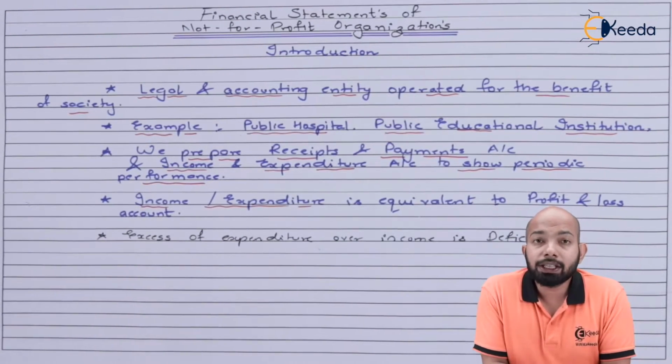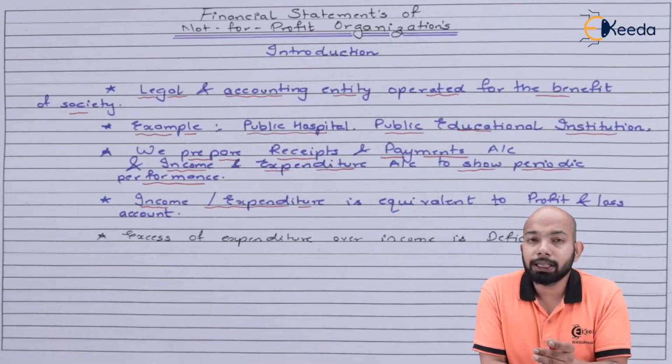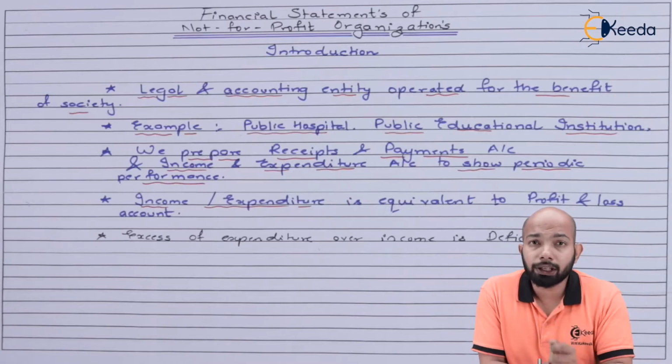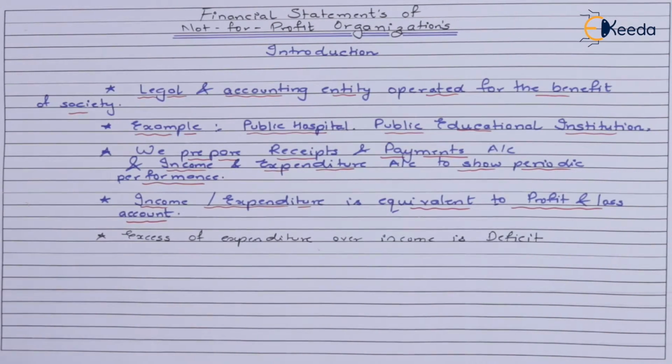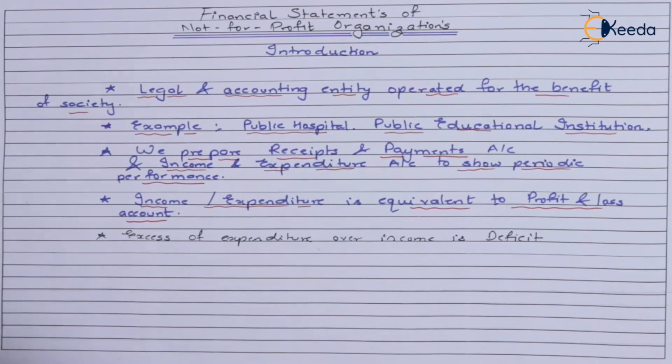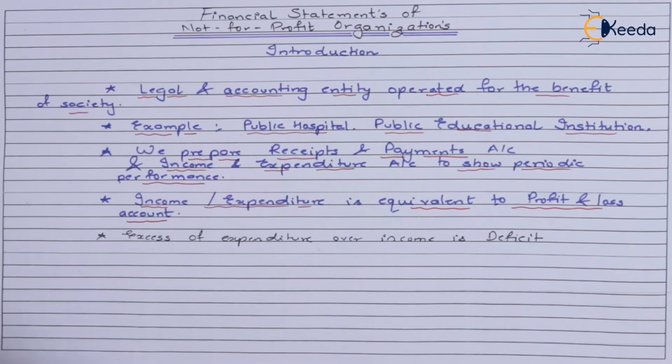Now, the income and expenditure account that we prepare here, apart from the receipts and payments account, is equivalent to the profit and loss account. The reason why a profit and loss account is not prepared is because we have the income and expenditure statement here, and that statement gives the same kind of comparability, or rather the same picture, as it would for an organized business established to earn profit.